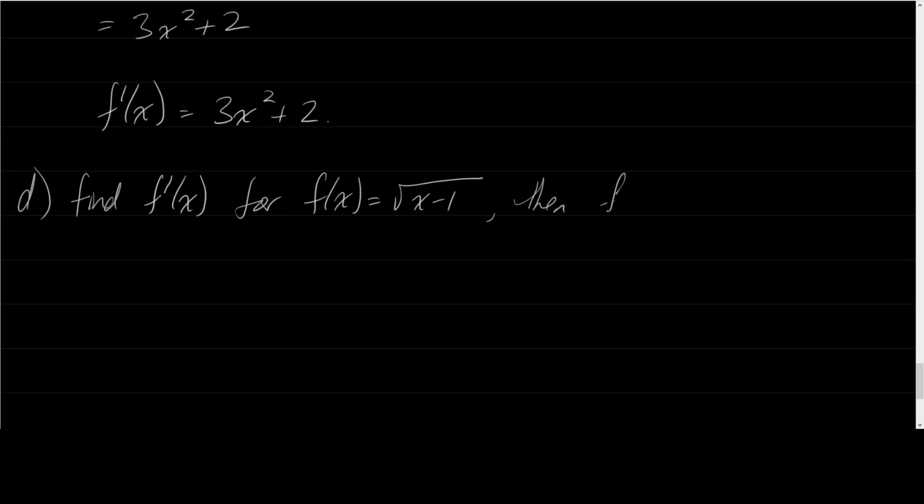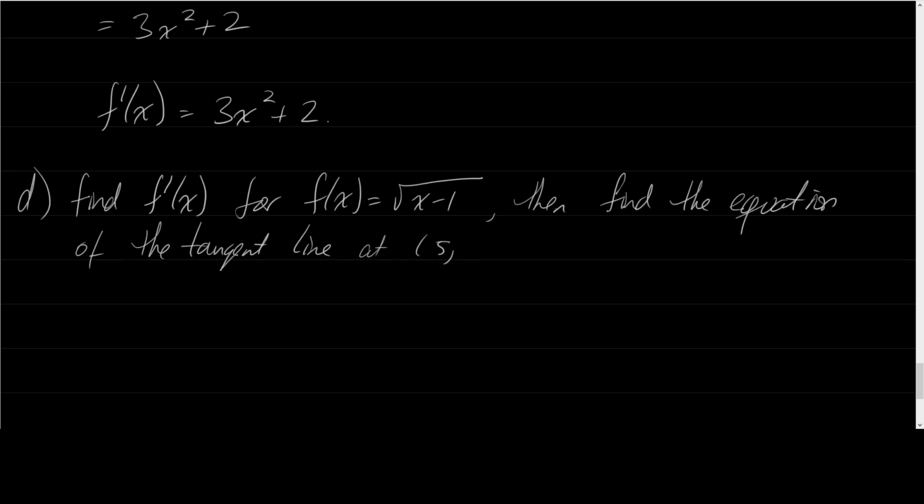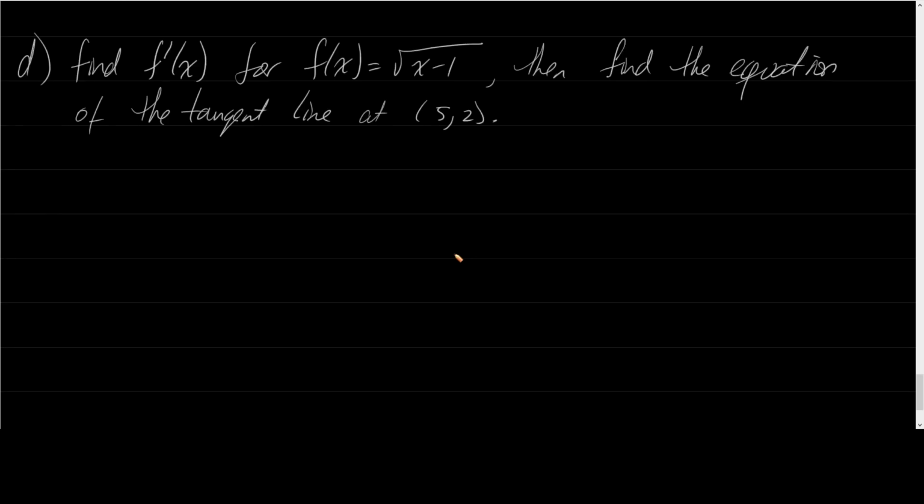Then find the equation of the tangent line at the point 5, 2. All right. So find f prime of x for f of x equals the square root of x minus 1, and then find the equation of the tangent line at that point, 5, 2.